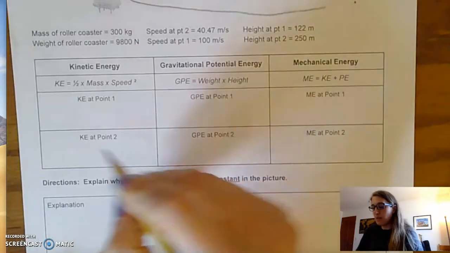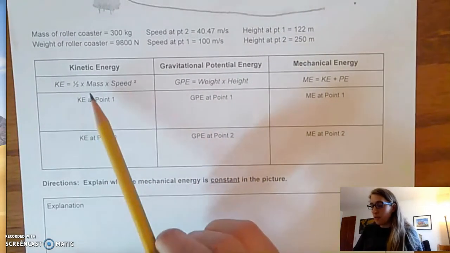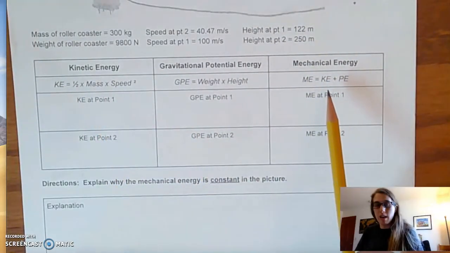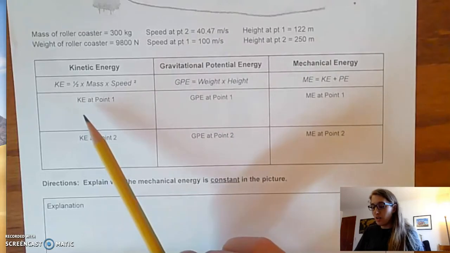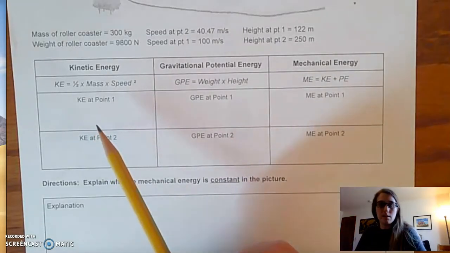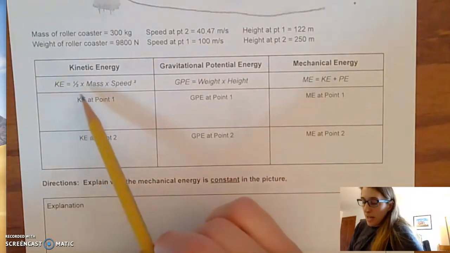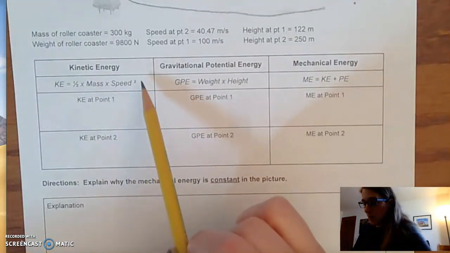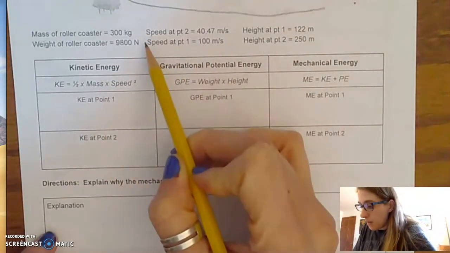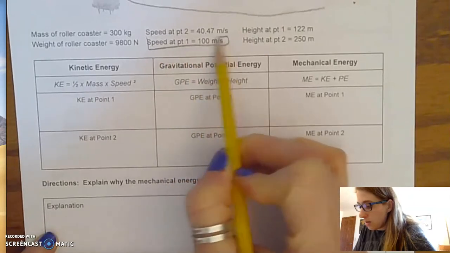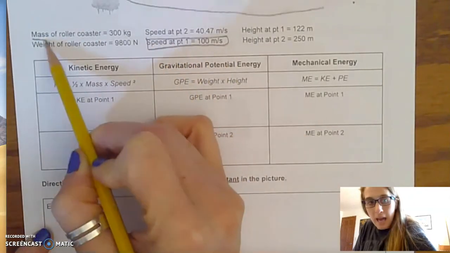Okay, so I have my three formulas that go with my three energies. We're just going to do point 1 first. Kinetic energy is 1/2 times mass times speed squared. So I'm looking for speed at point 1, and I'm looking for the mass.